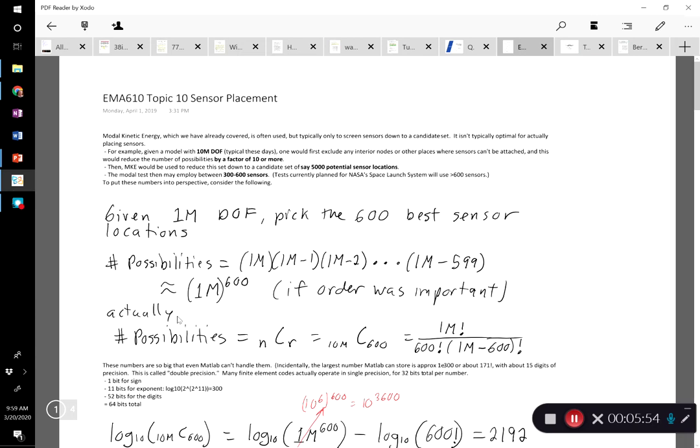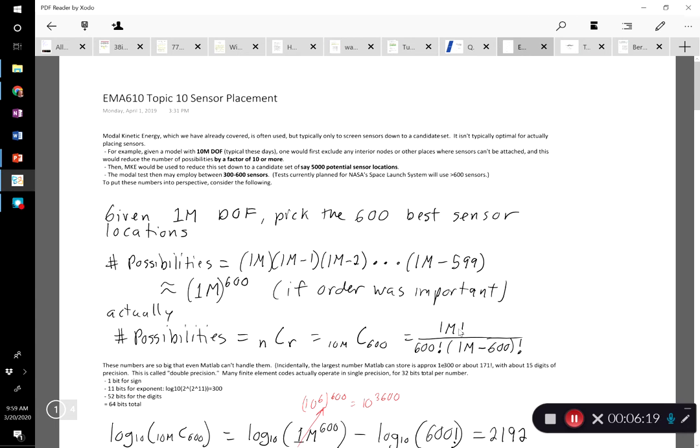Now, actually, this was about as far as I could get on it, just throwing this idea together myself, but I happened to be helping my daughter with her math homework, and remembered that actually the formula, if order is unimportant, is the n choose r combination.